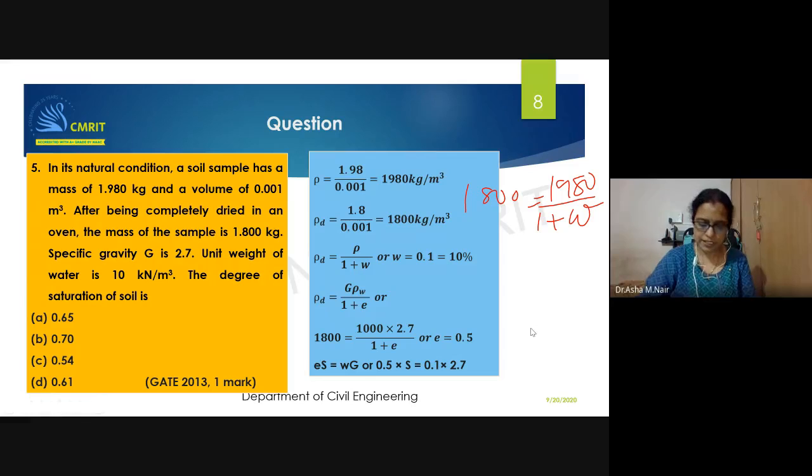You'll be getting 2.7 into 0.1 divided by 0.5, and the answer will be 54 percent or 0.54, and your option is C. Please note all these questions are only for 1 mark, so you have to understand the rapidity with which you should be doing them. You don't even have 2 marks for these questions, so you should be very fast.